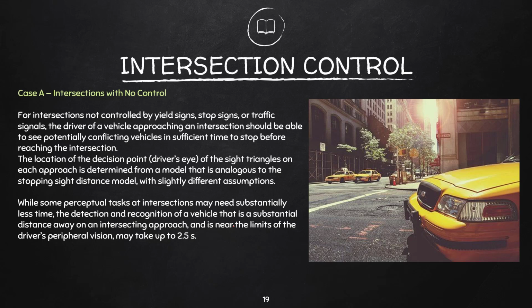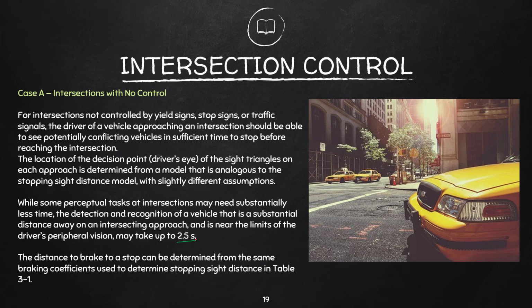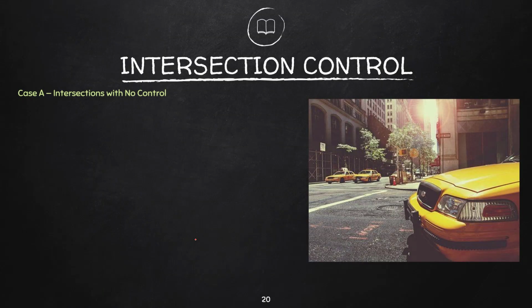So the perception time is similar to the stopping sight distance, 2.5 seconds. The distance to brake to a stop can be determined from the same braking coefficients used to determine stopping sight distance in Table 3-1. So we have discussed this table in the stopping sight distance.